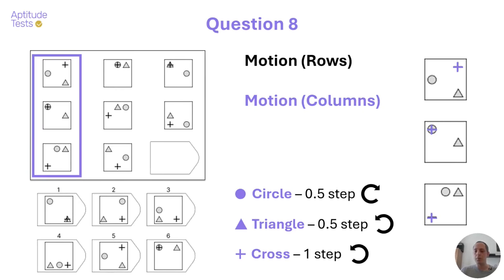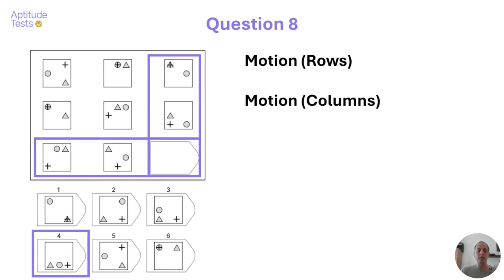So the more patterns that you see, the more practice you get, you're going to identify these faster and achieve a higher score. Okay, so combining the information we have, and you can see it for yourself, all these movements across both the rows and the columns, you can see that answer 4 is the correct one.